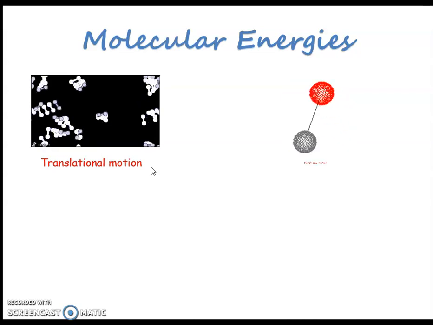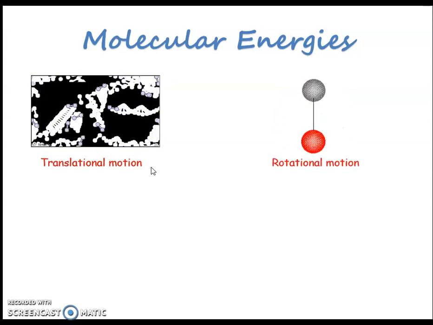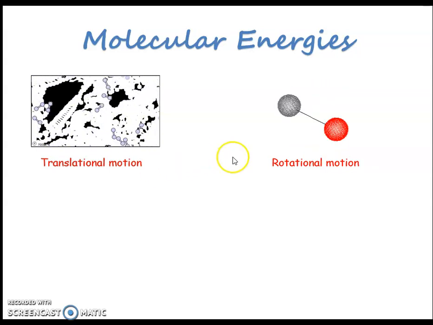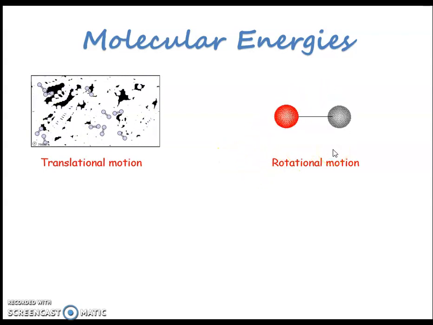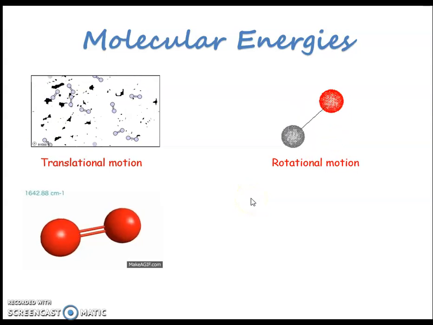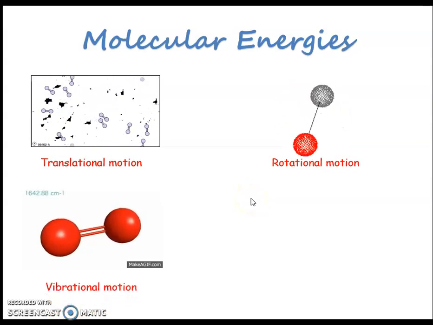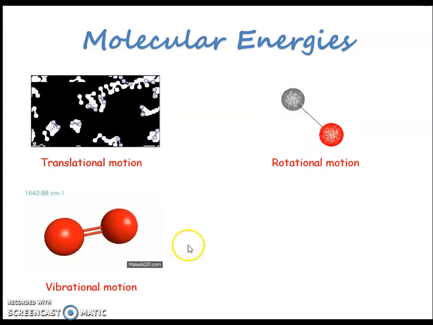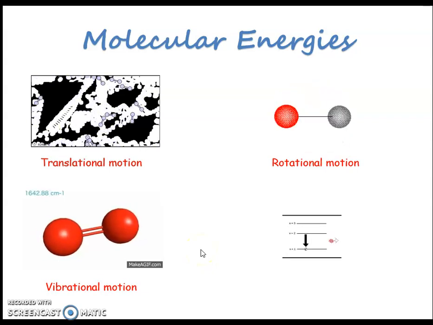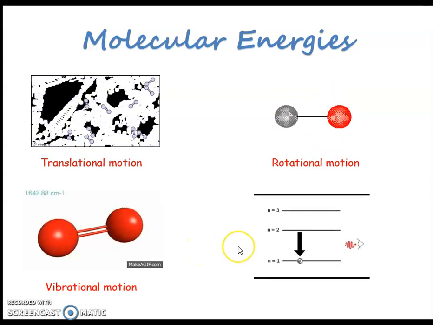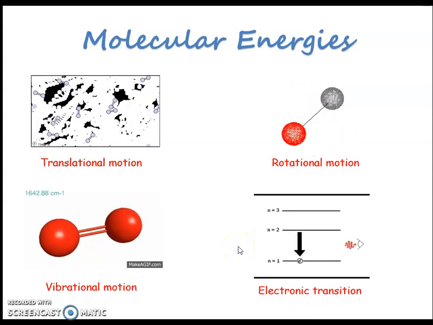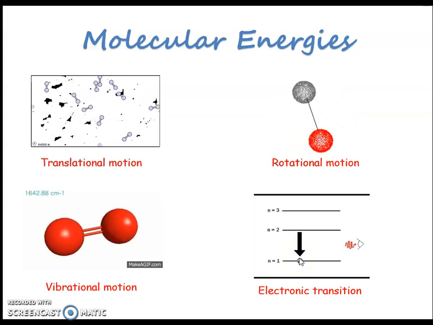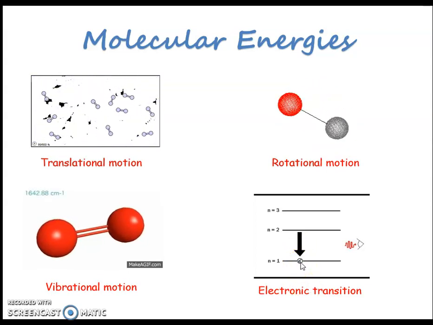The rotational energy arises when the molecule rotates about an axis perpendicular to the internuclear axis and passing through the center of gravity of the molecule. Vibrational energy is associated with the to and fro motion of the molecule such that the center of gravity does not change. And finally, the electronic energy is associated with transition of an electron from one level to another by absorption or emission of radiation.